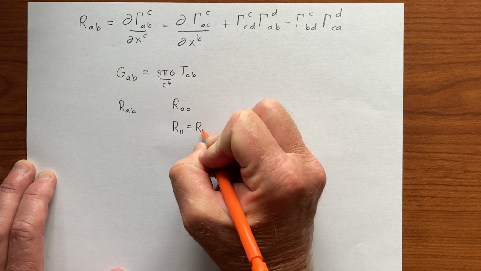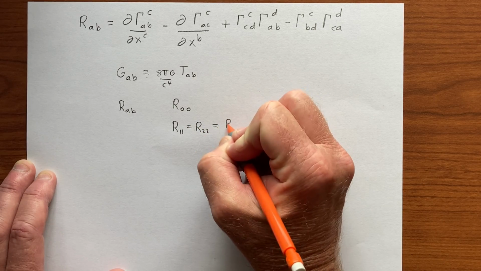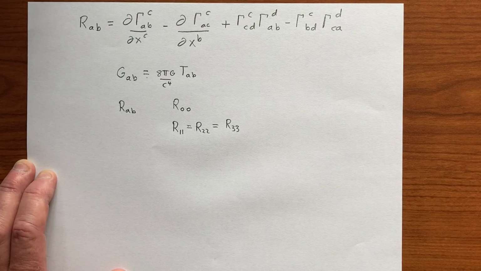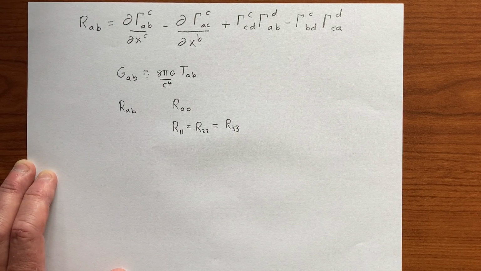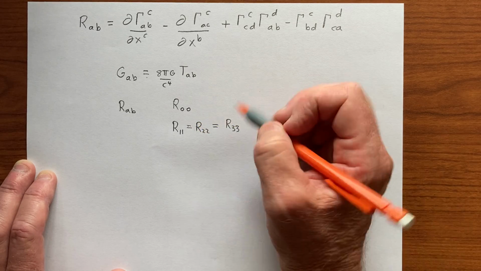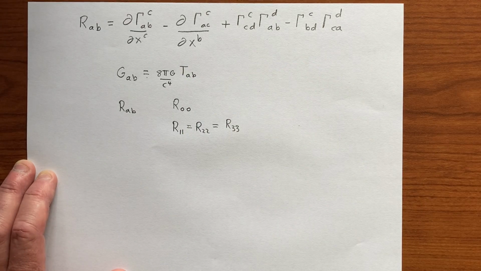Well, by symmetry, these are all going to give us the same thing. And these are the only non-zero components. And so basically we'll get two equations, and then we'll look at the other side of this equation, and we'll have two equations to work with.